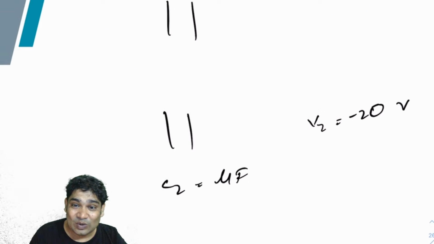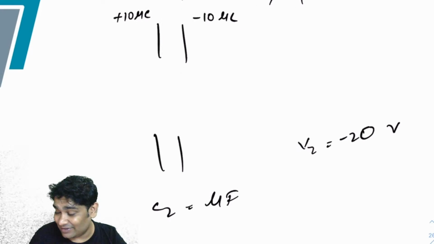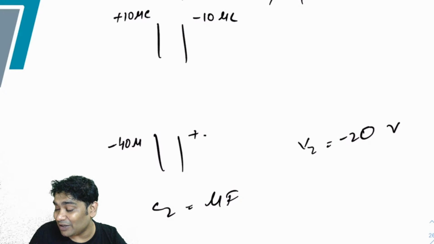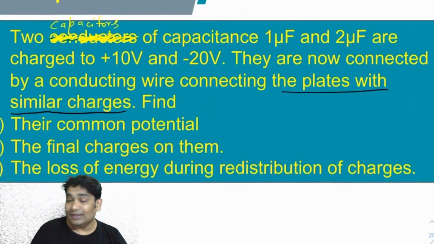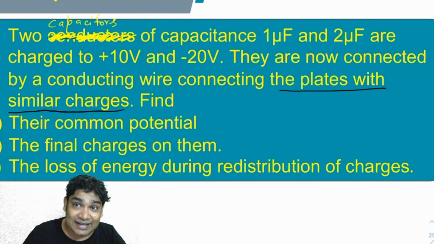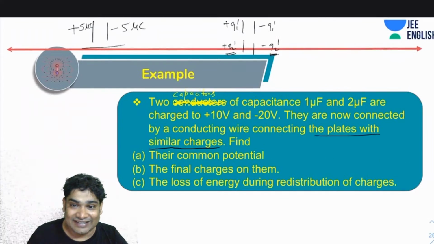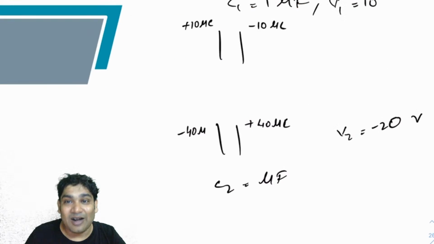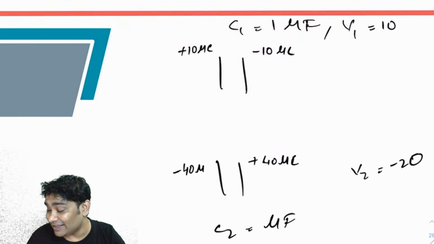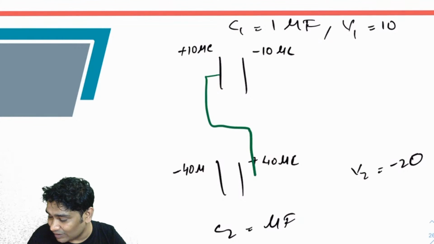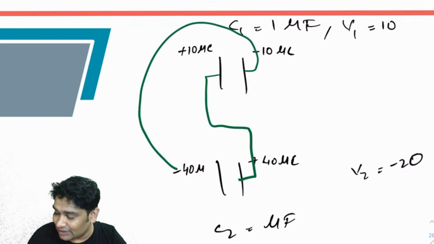Now please note what is happening. Here it might be minus 40 microcoulomb and here plus 40 microcoulomb. Now please note what has been said in the language: that the conducting wire is connecting the plates with similar charges. So we are taking our wires slightly twisted. We are connecting this with this and we are connecting this with this.